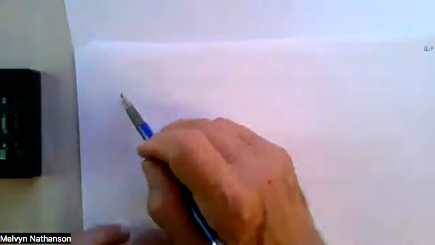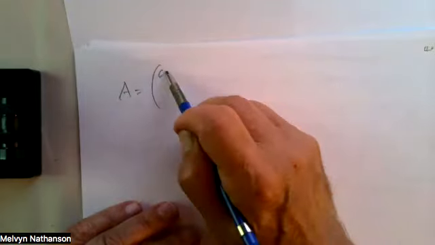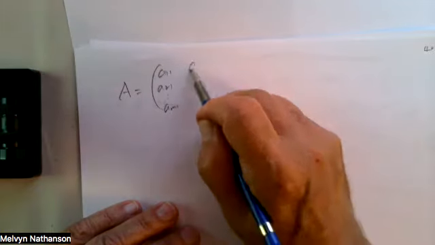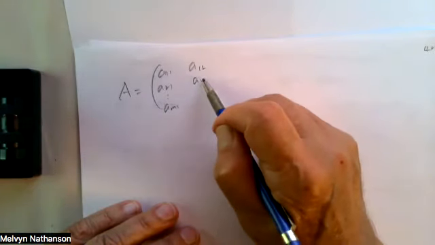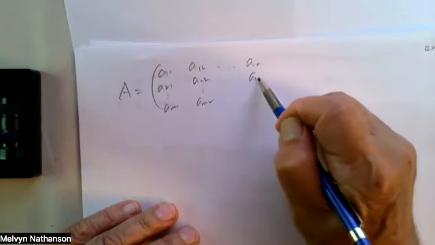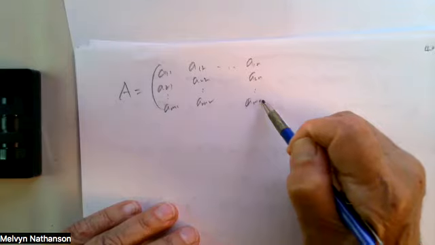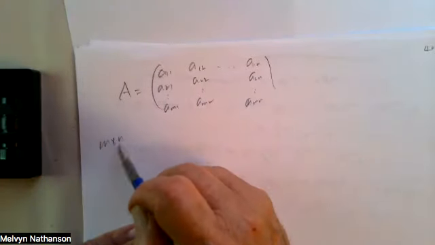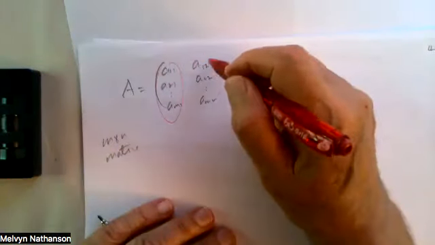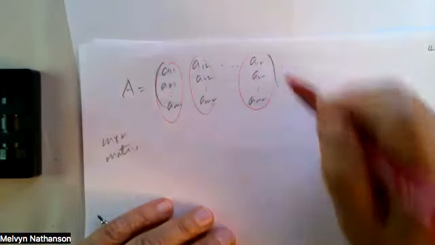It's also useful to introduce one other concept right now. Suppose we have a matrix A. This is an m by n matrix. And this matrix is made up of n columns: first column, second column, up to the nth column.